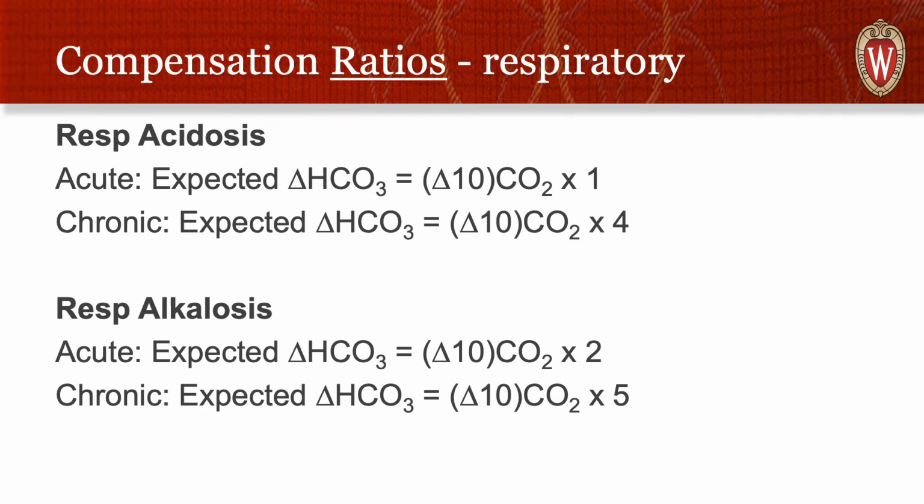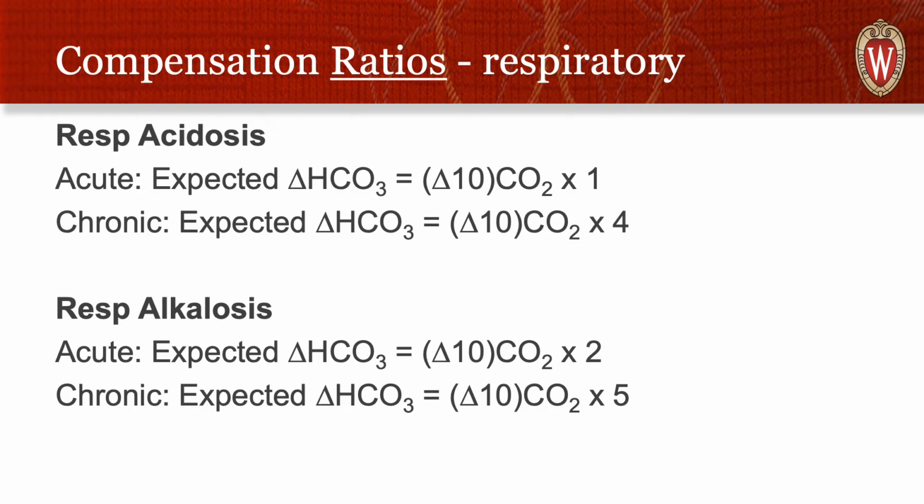For respiratory acidosis, we'd want the bicarb to make you alkalotic, and so the bicarb would go up 4, or equal 28. For respiratory alkalosis, it's 2 and 5 times the CO2 difference in, again, units of 10 CO2.